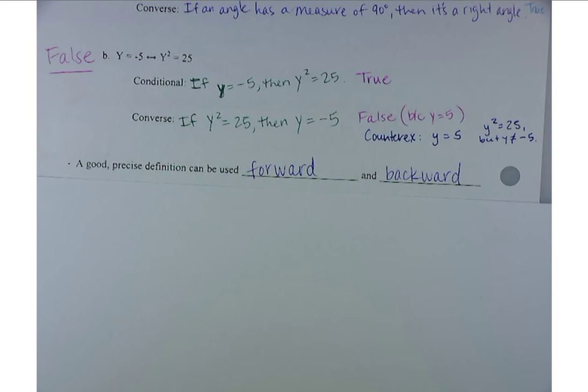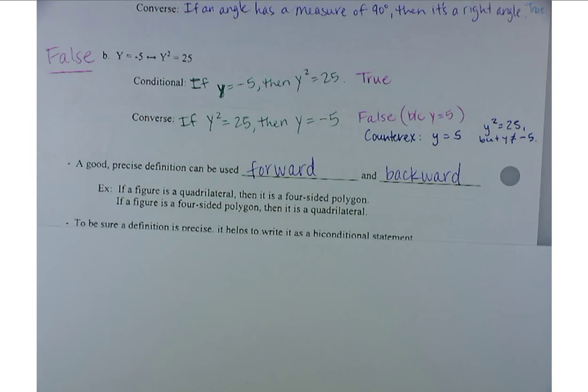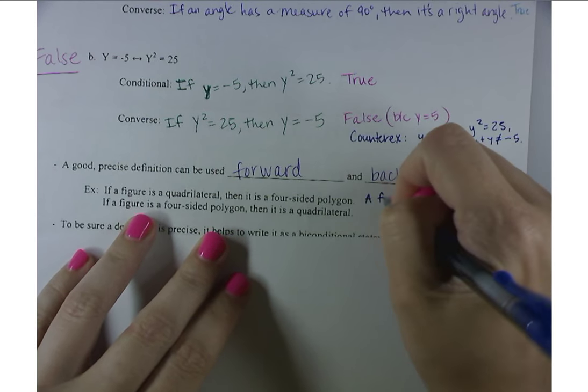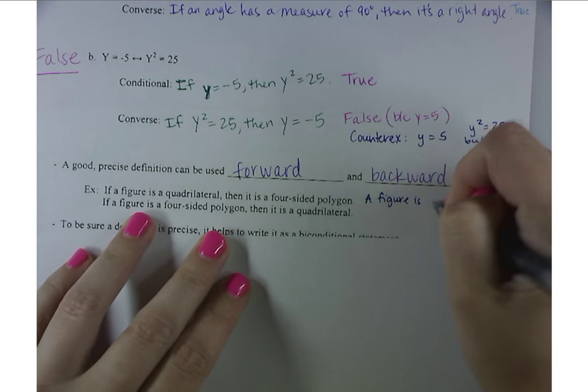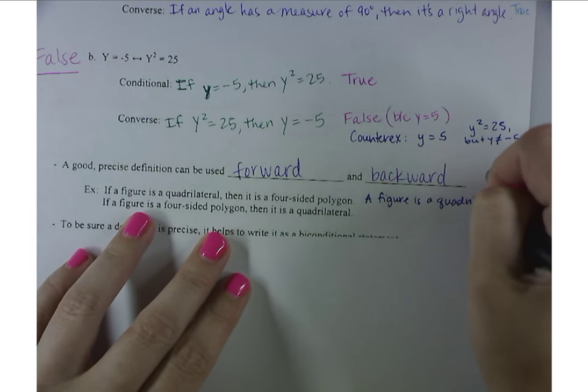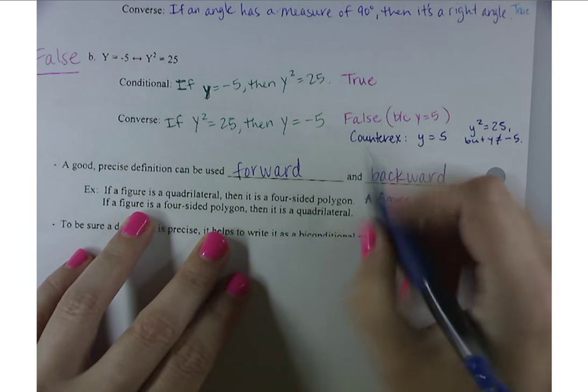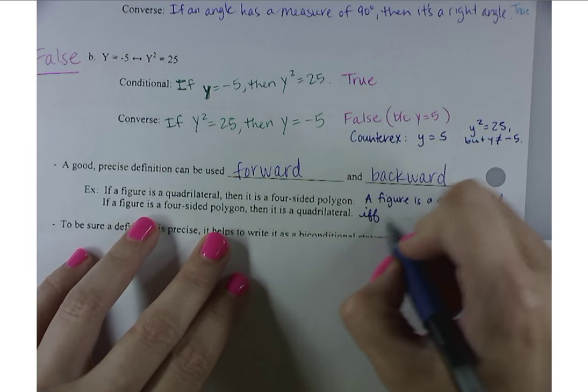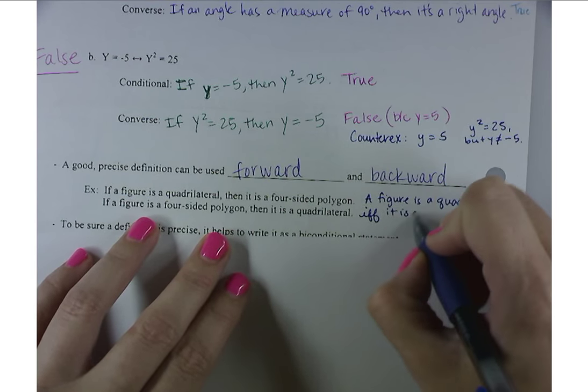The first thing we're going to do is write the first one. So for this one, we would say a figure is a quadrilateral if and only if it is a four-sided polygon.